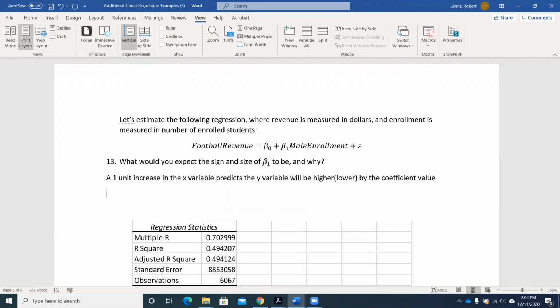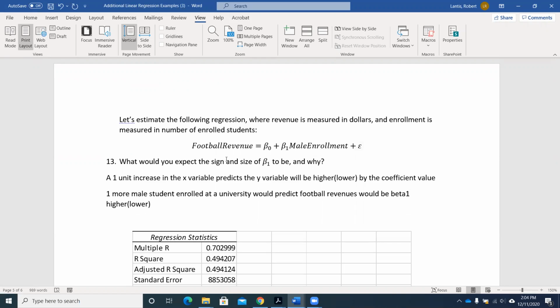So here, a 1 unit increase would be one more male student enrolled at a university, which would predict football revenues would be higher by whatever beta 1 ends up being, or lower if it's negative.